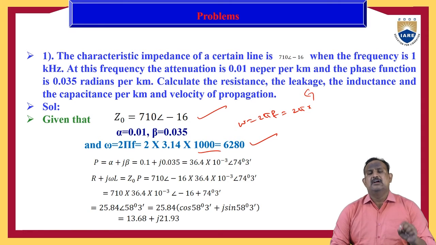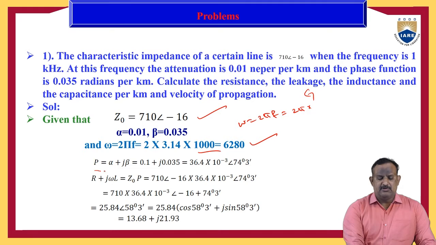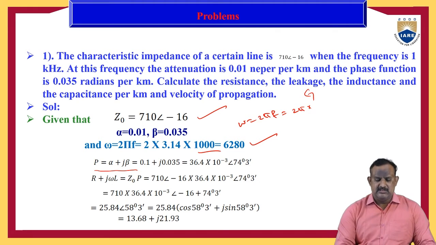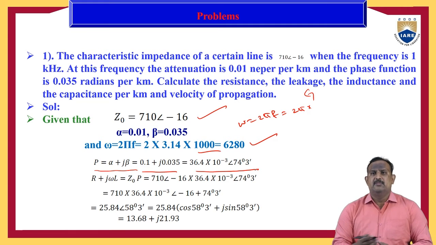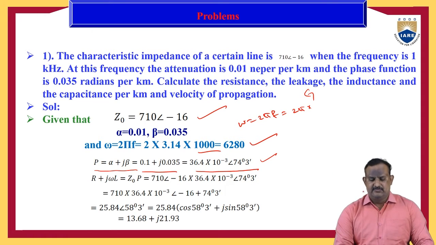And here we know the propagation constant P is equal to alpha plus j beta, therefore 0.01 plus j into 0.035. If we convert into polar form, it is 36.4 into 10 power minus 3 with an angle of 74 degrees 3 minutes.